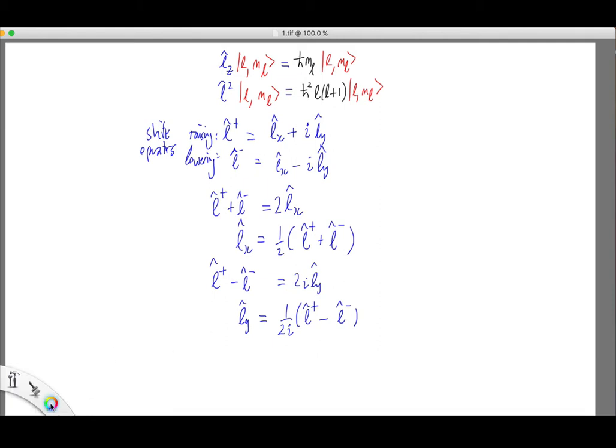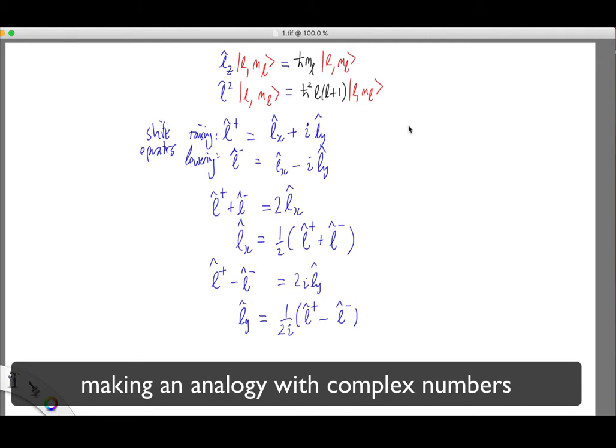In fact, the system of equations is very similar to the mathematics of complex numbers. So if I define a complex number in terms of two real numbers, a and b, so the real part of z is the number a and the imaginary part of z is the number b, a and b both being real, then I can define the complex conjugate of z by changing the sign of the imaginary part as follows.